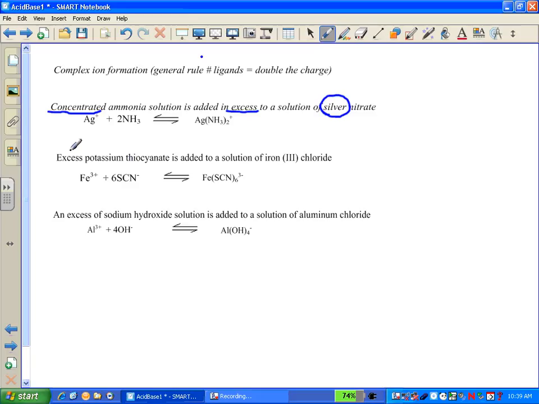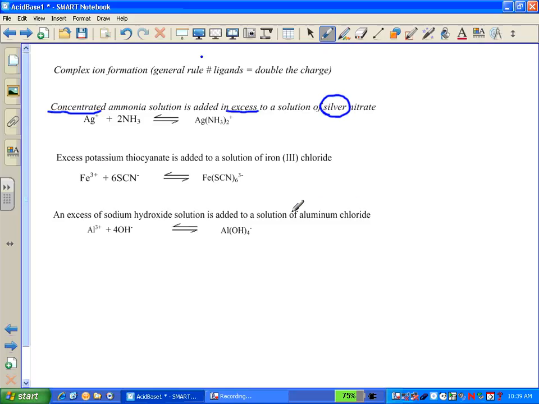And you've been given the clue using the word excess that this is going to be a complex ion formation. If we use the rule of double the charge, that would suggest that we get 6 thiocyanate ions attached to the transition metal. And when we look at the overall charge here, the iron brings +3 and the thiocyanate ions bring -6, so the overall charge here is -3.